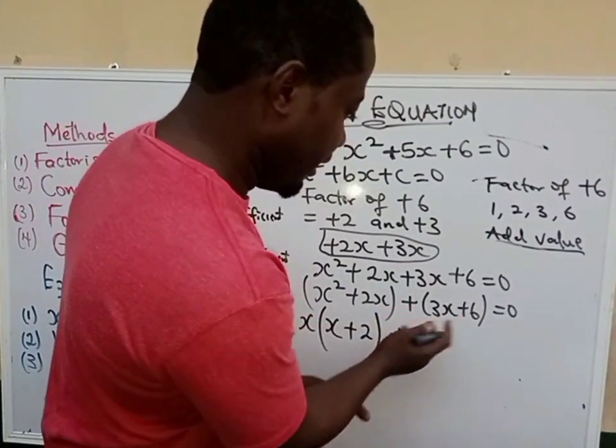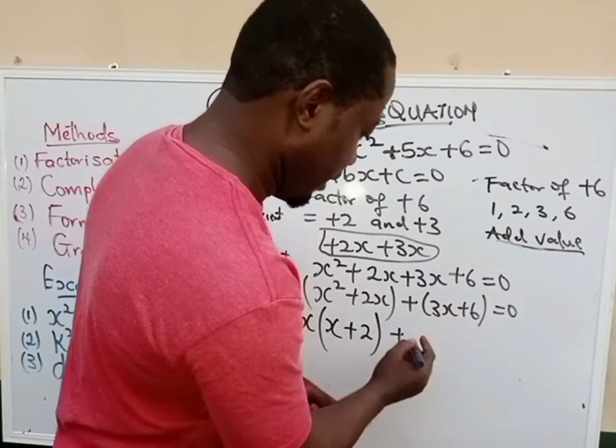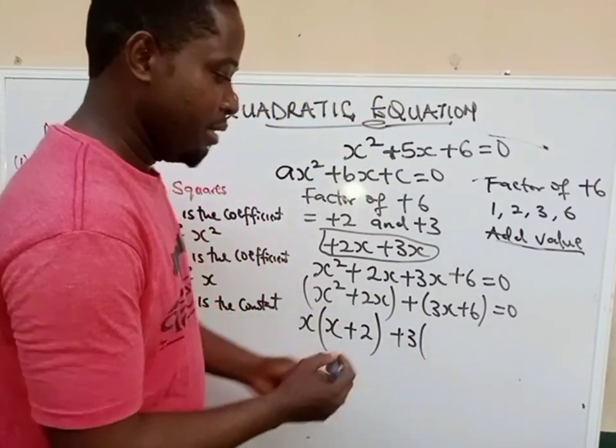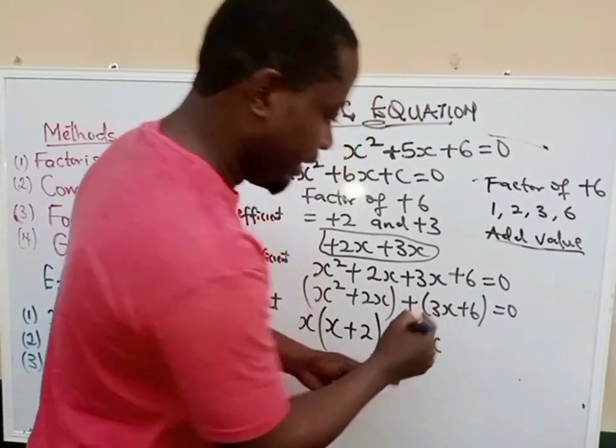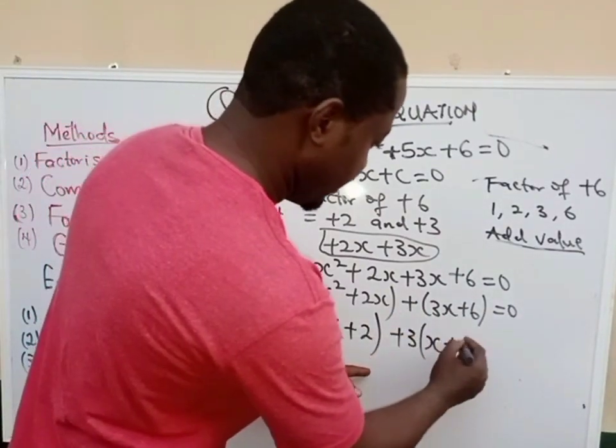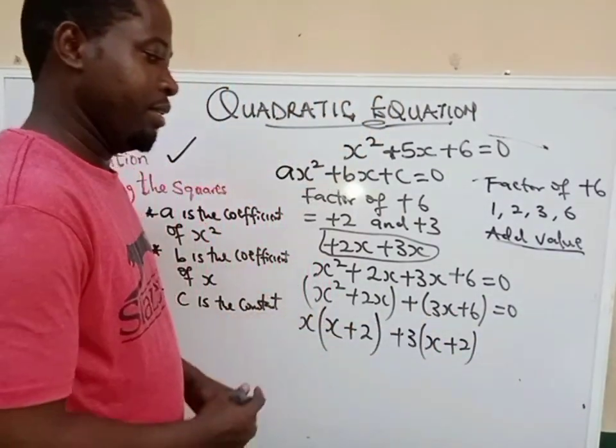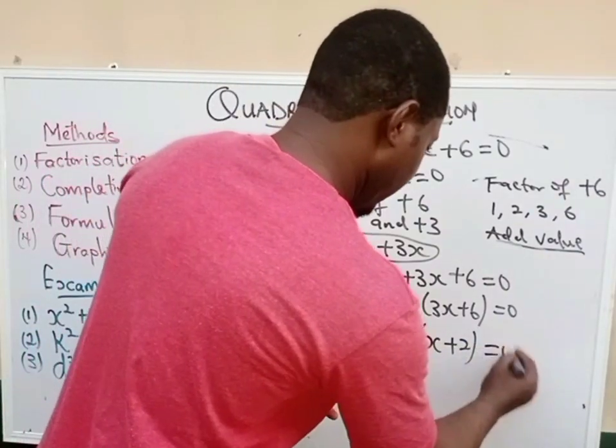Now, what is common here? 3 is common. So I'm going to bring my 3 out. Then 3 multiplied by x will give me 3x, 3 multiplied by 2 will give me 6, equals to 0.